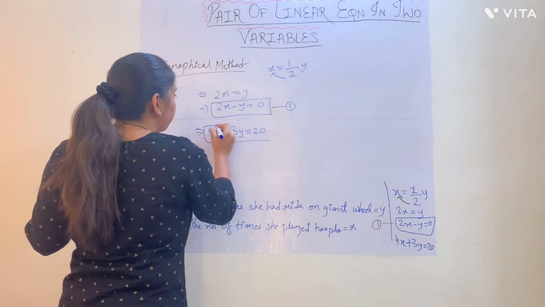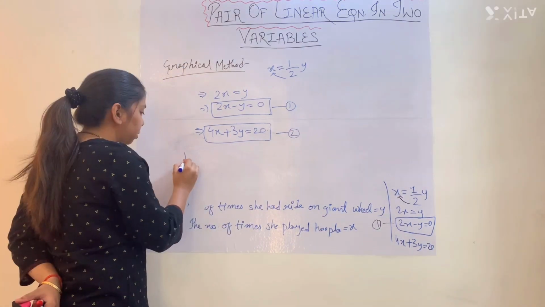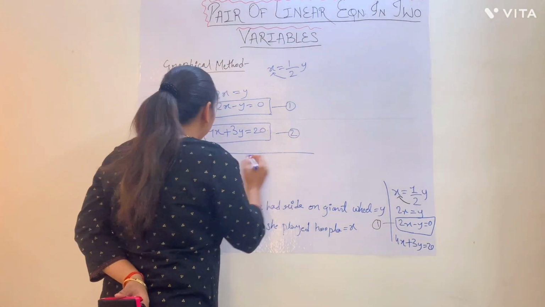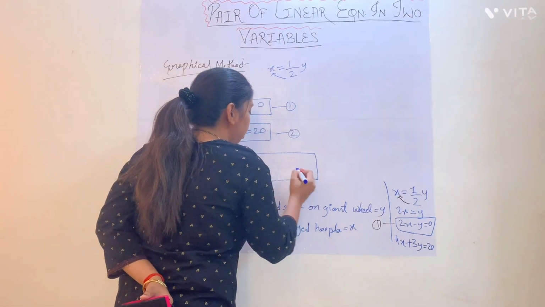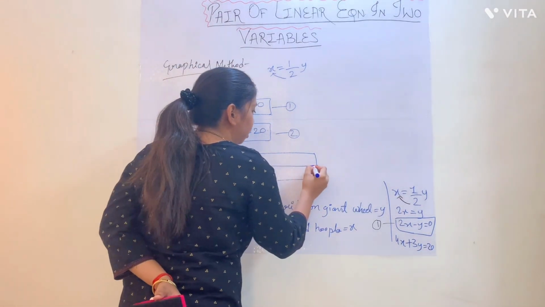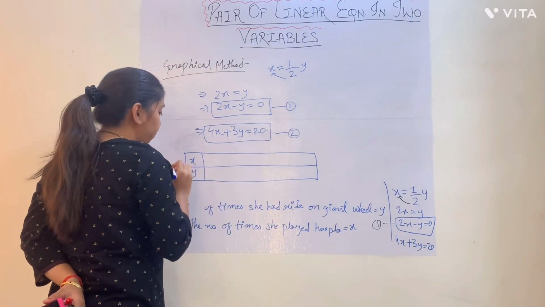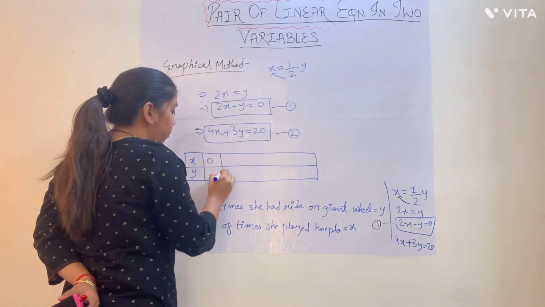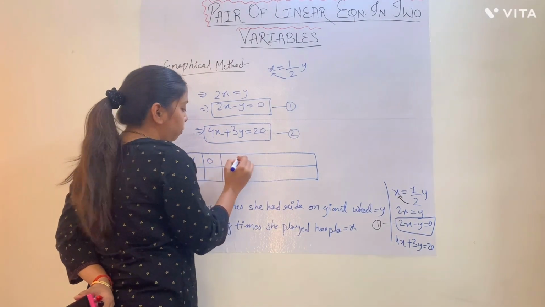In the graphical method, we have to draw lines on a graph. We have to find at least 3 solutions of the variables.